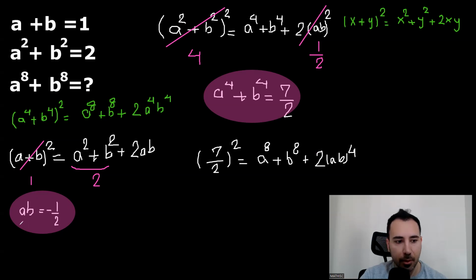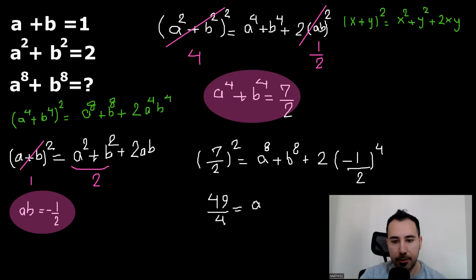And then instead of ab, we're going to use this. So it will be 2 times (1/2) to the 4th power. Now let's simplify. This one will be 49/4, plus b to the 8th power, and plus 1/16 multiplied by 2, 1/8.